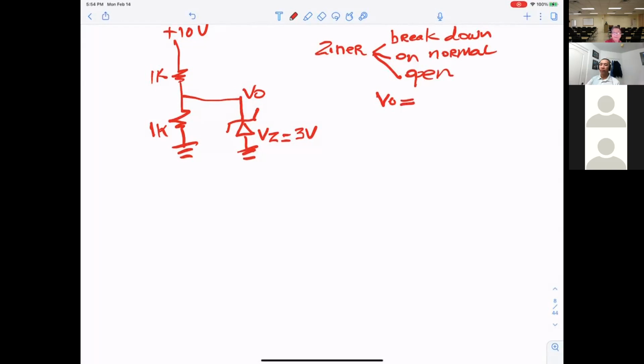It's supposed to be answered quickly. Out 5 volts. But after that, tell me, is the zener in breakdown, just on normal, or open? Breakdown. Which one? Breakdown. You said it will be breakdown. Yes, sir. So Vout will be 3 volts.